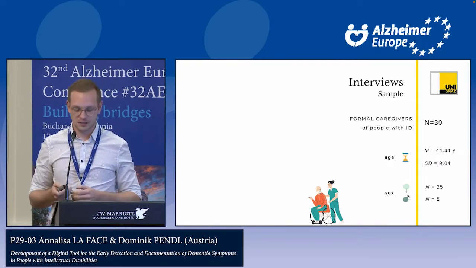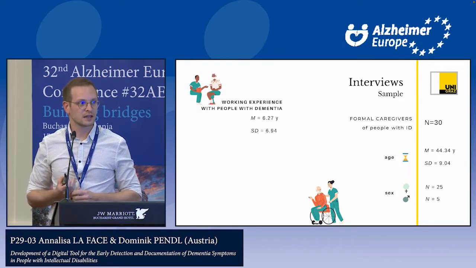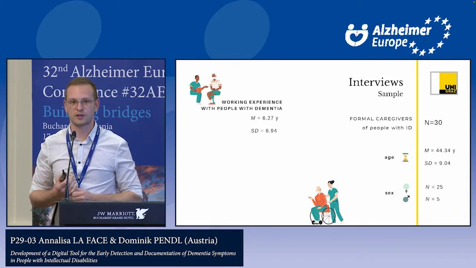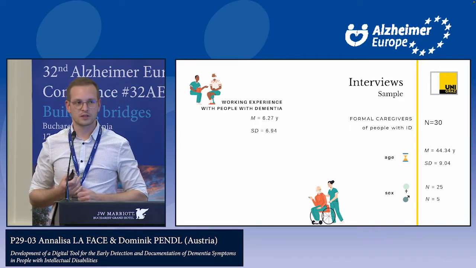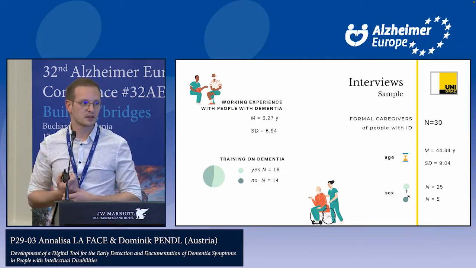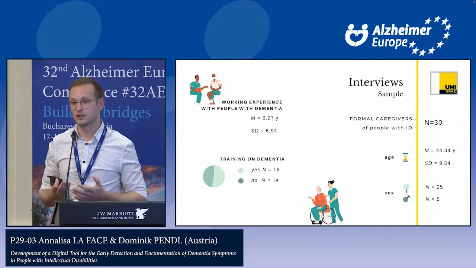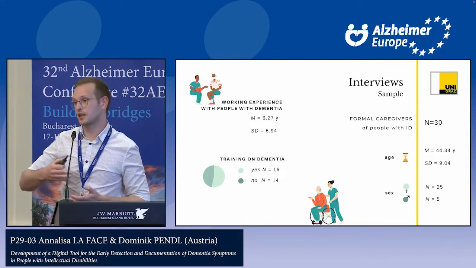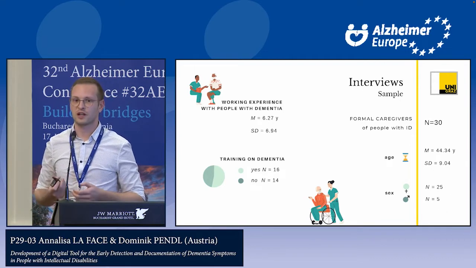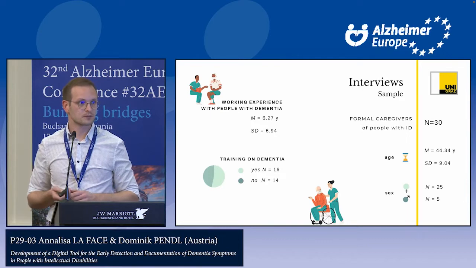Some data about them, which was really interesting: they had a working experience with people with dementia of 6.27 years, and 16 of the caregivers have had some specific training on dementia, but not on dementia and intellectual disabilities. So there is also a lack of training in this field.